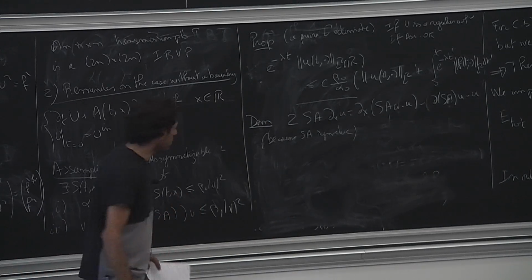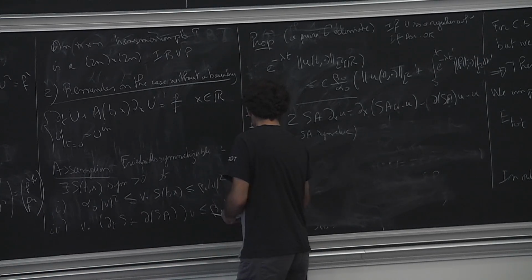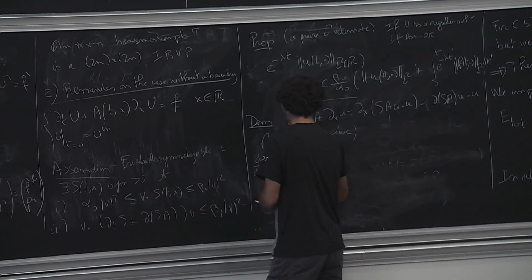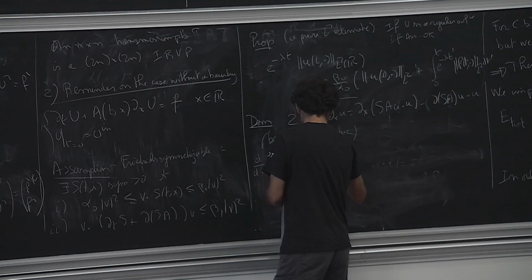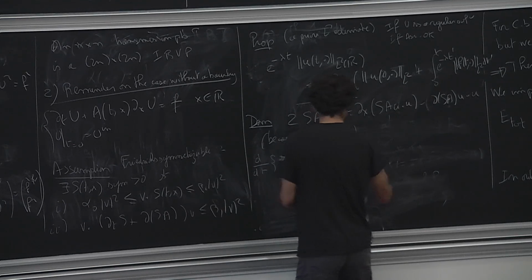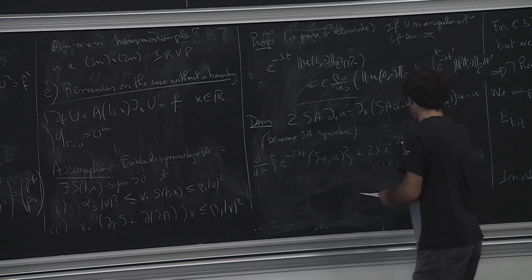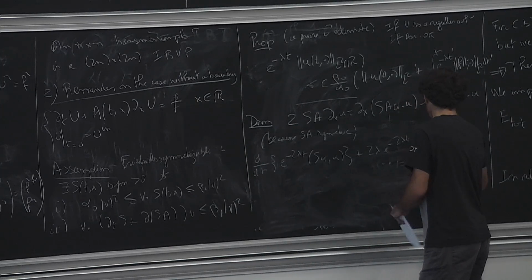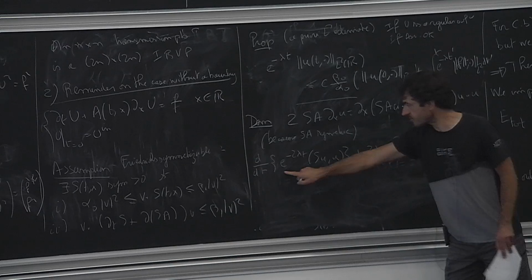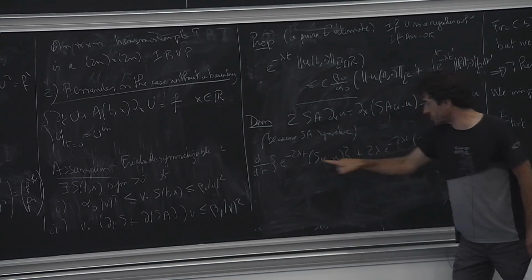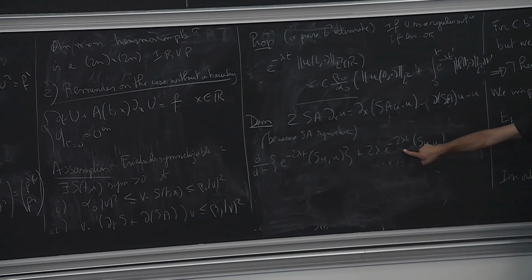And therefore, if I look at the quantity d over dt of exponential minus 2 lambda t S u·u, I find that it's minus 2 lambda exponential minus 2 lambda t S u·u. So if the ∂t hits this exponential, this gives me this one.